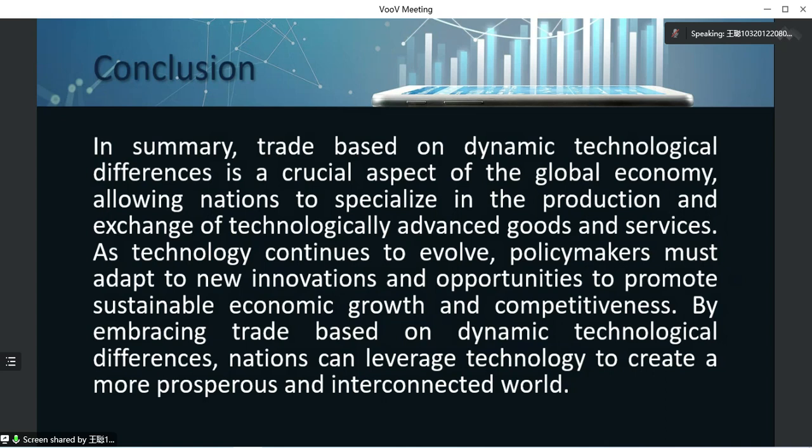As technology continues to evolve, policymakers must adapt to new innovations and opportunities to promote sustainable economic growth and competitiveness. By embracing trade based on dynamic technological differences, nations can leverage technology to create a more prosperous and interconnected world.